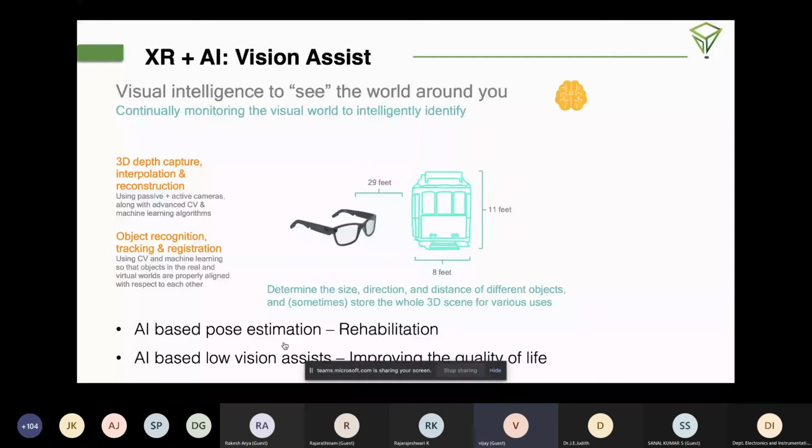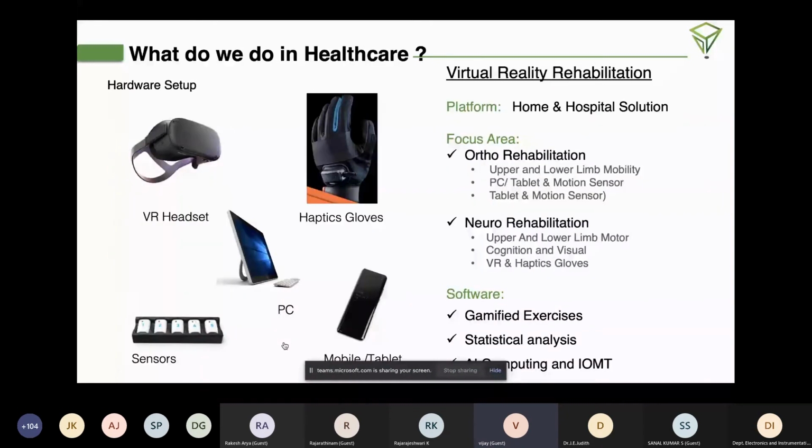Now, as I mentioned earlier, what are the things we do at TNQ InGage? We have done a lot of training simulators in healthcare. We have done a lot of work in ophthalmology, especially low vision, building simulators for assessment and rehabilitation of visually impaired people. We have done a lot of work with Shankar Netralaya in this area. Right now, we are doing a lot of work in stroke rehabilitation, and trials have already happened with various hospitals.